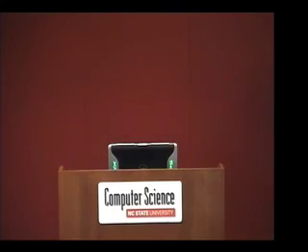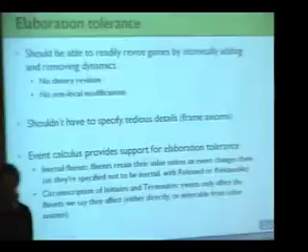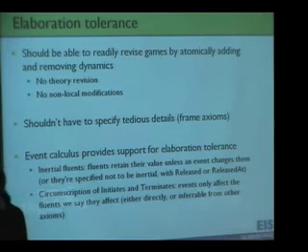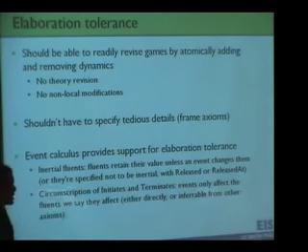So the event calculus provides support for elaboration tolerance via inertial fluents. Fluents retain their value unless an event changes them, or they're specified not to be inertial with released and released at. This is what's called the common sense law of inertia. So once something's true, it stays true until something explicitly says it's not true, and you have circumscription of initiates and terminates.